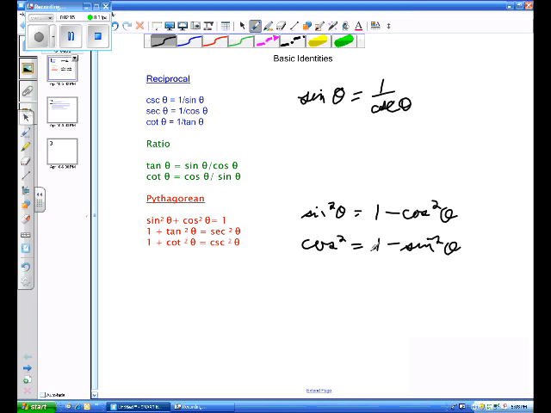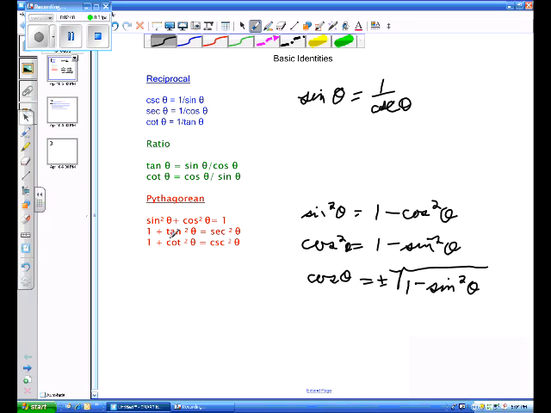We could also, if we needed to, actually solve for sine or cosine. If we took this one and solved it for cosine, we would find that cosine theta then would equal plus or minus the square root of 1 minus sine squared theta. But again, we would more likely use this one because it doesn't deal with the radical.